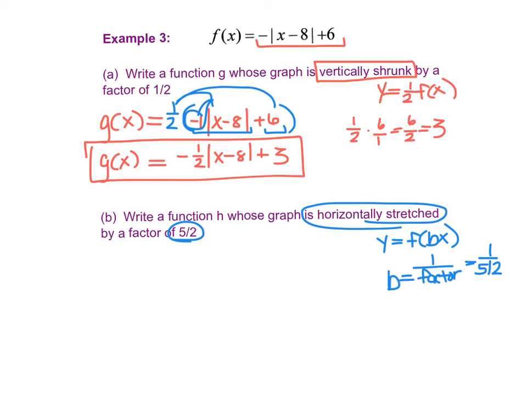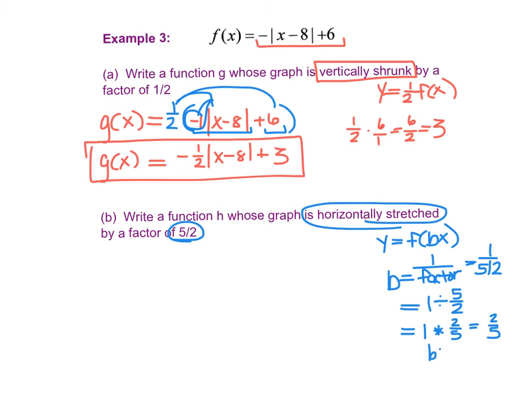Now remember from previous slides that what we can do here is turn this into a division problem because a fraction is really division. So this is 1 divided by 5/2. And then in order to perform that division, we can use what's called keep, switch, flip, or multiplying by the reciprocal. So we do 1 times 2/5, which in this case just becomes 2/5.